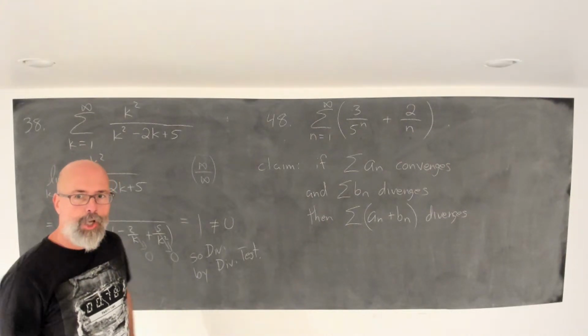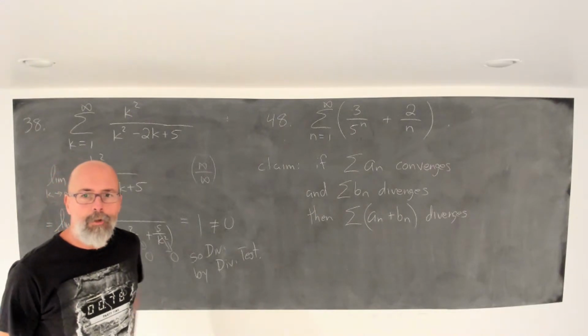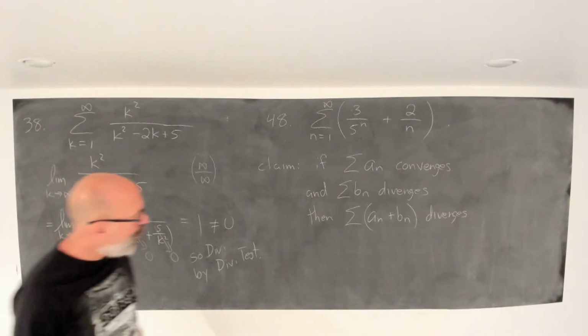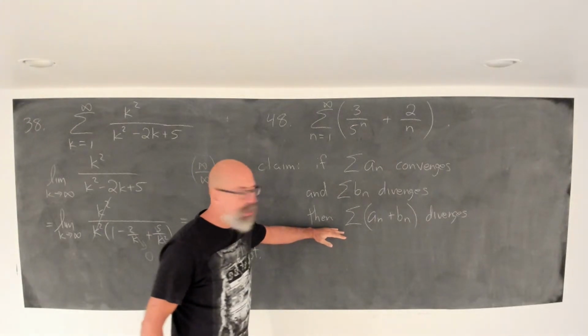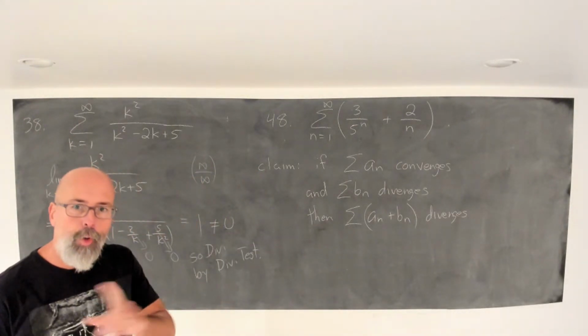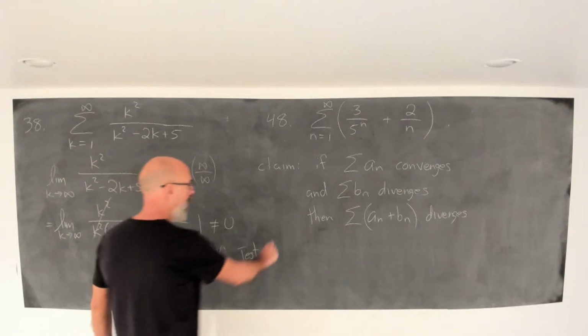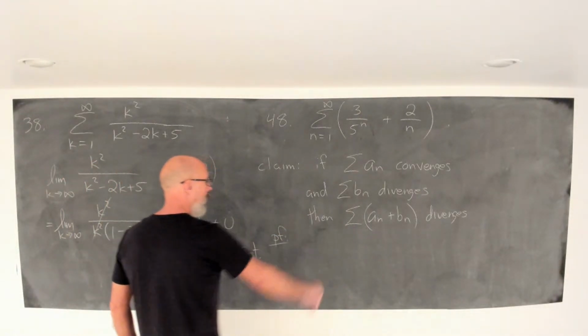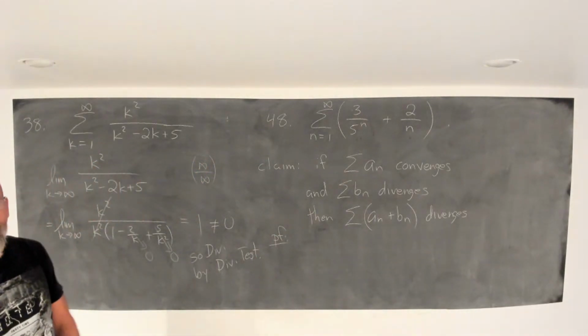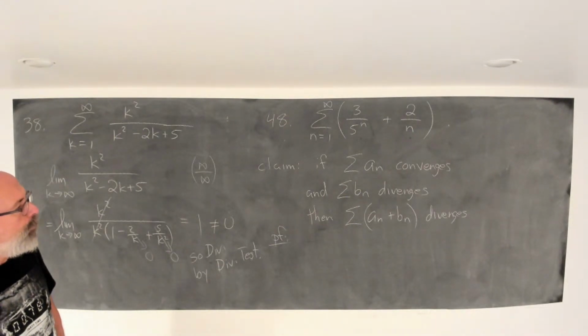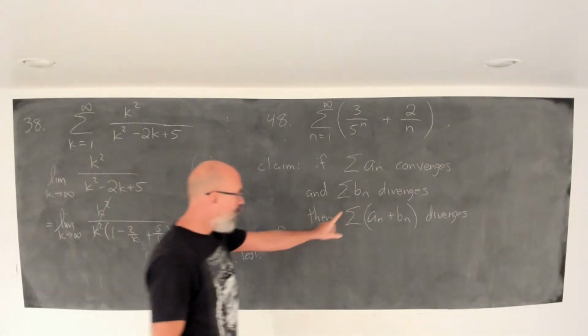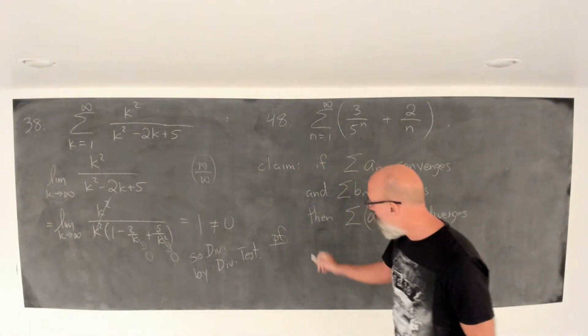So Justin is suggesting divergent plus convergent equals divergent, and that's exactly what this claim is saying, but we really need to prove it. And the proof is very nice. Again, it's a proof by contradiction.